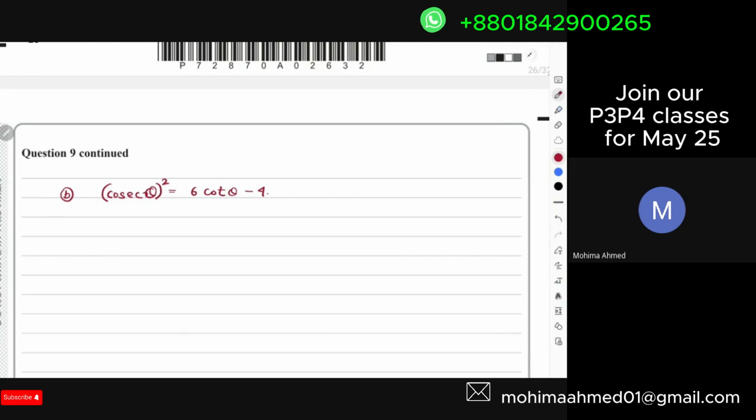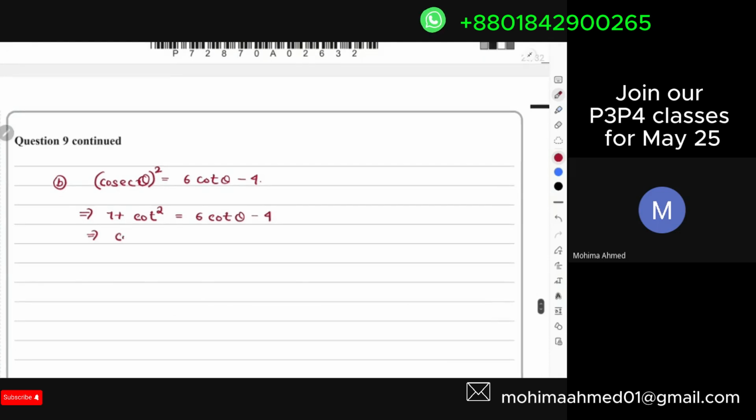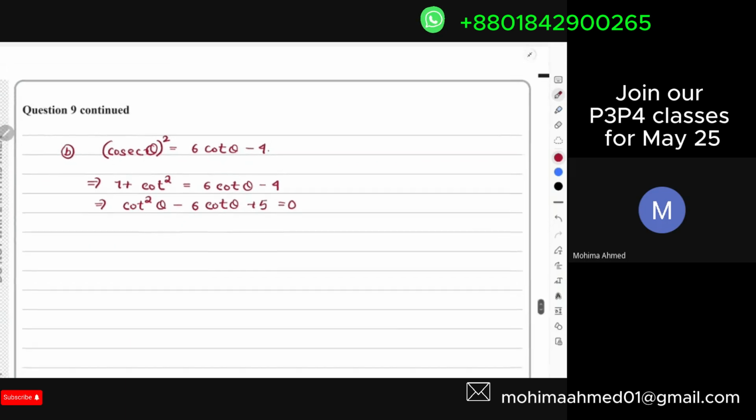Cosec square can be written as 1 plus cot square. So we get 1 plus cot square theta equals 6 cot theta minus 4, and from there I can write cot square theta minus 6 cot theta, and 1 plus 4 is going to be plus 5 equals 0.